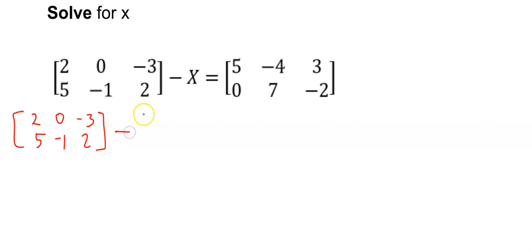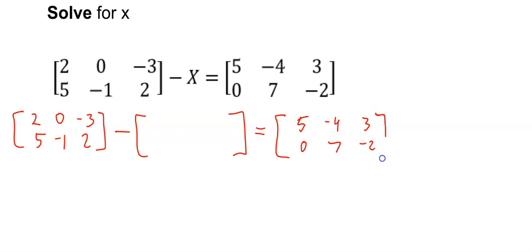And you're going to subtract another matrix from that, and you're going to get this other matrix, 5, -4, 3, 0, 7, -2. The dimensions of this matrix, by the way, are a 2 by 3. This one is a 2 by 3.